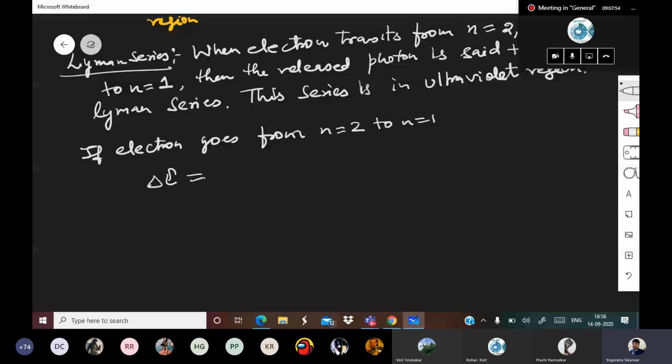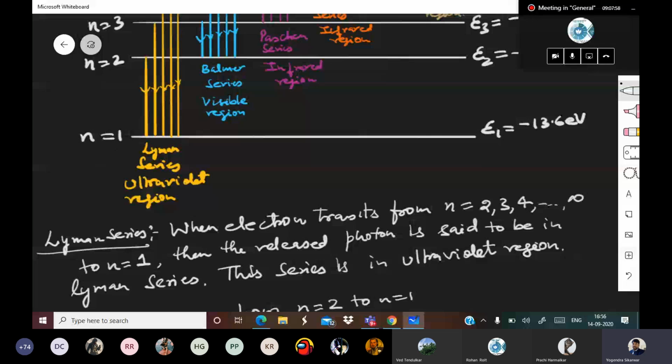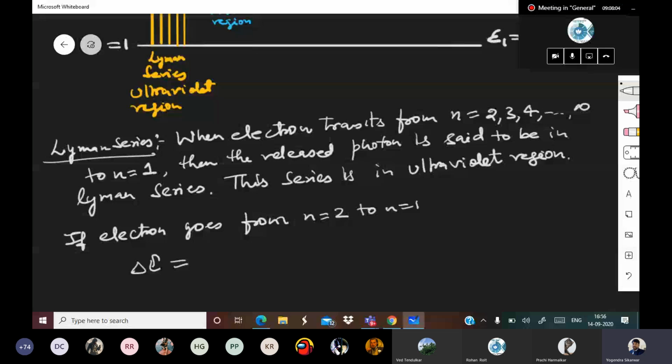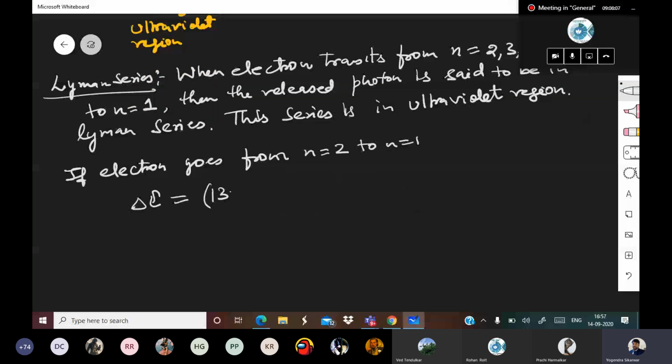Delta E is 13.6 minus 3.4, and that comes out to be 10.2 eV.